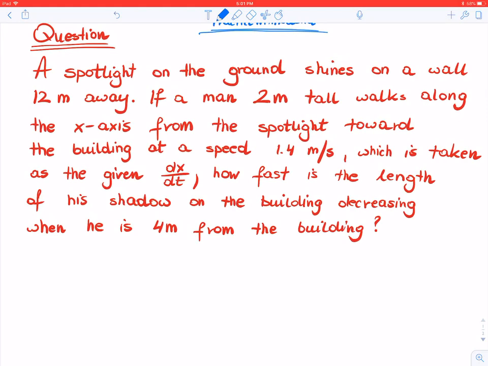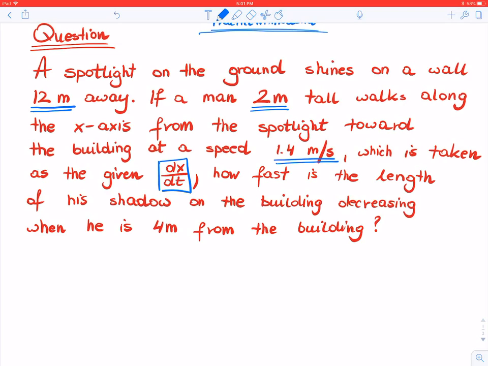Of course, we have to know the distance of the spotlight to the building is 12 meters. A man is 2 meters tall. That's quite a high person. 1.4 meters per second is the speed, which actually is the rate of change of the distance x with respect to time.